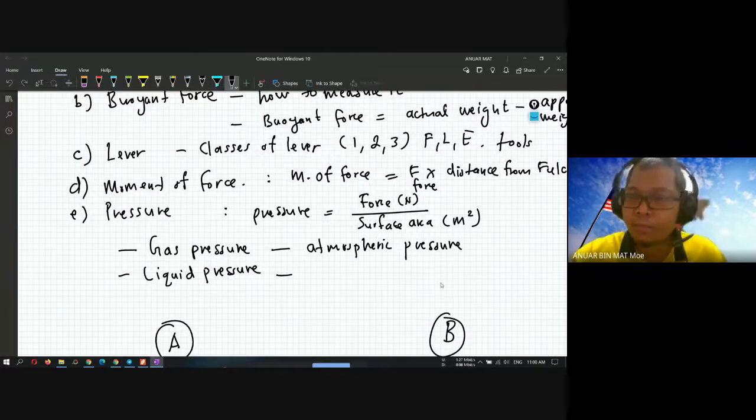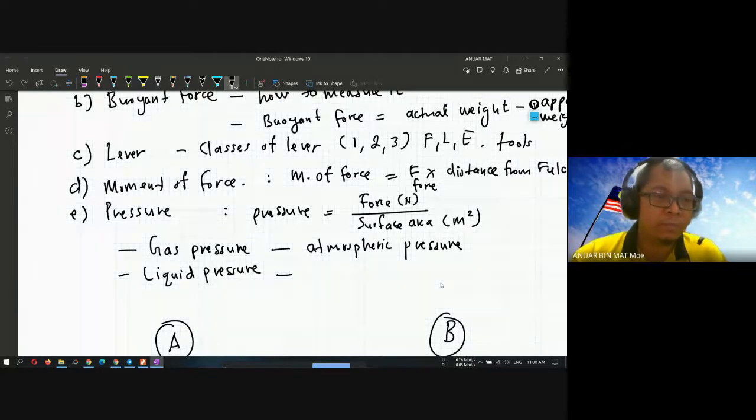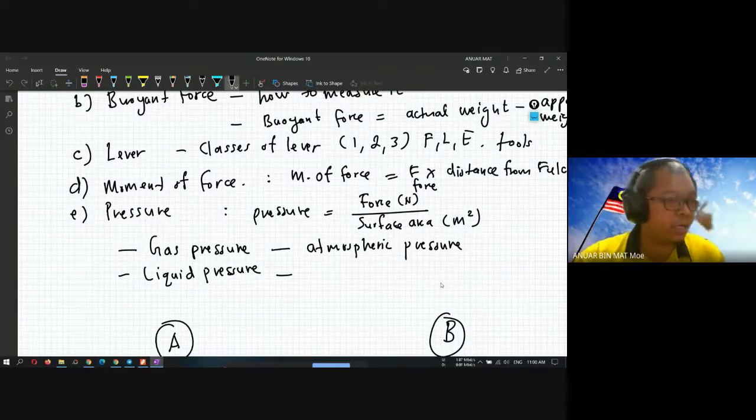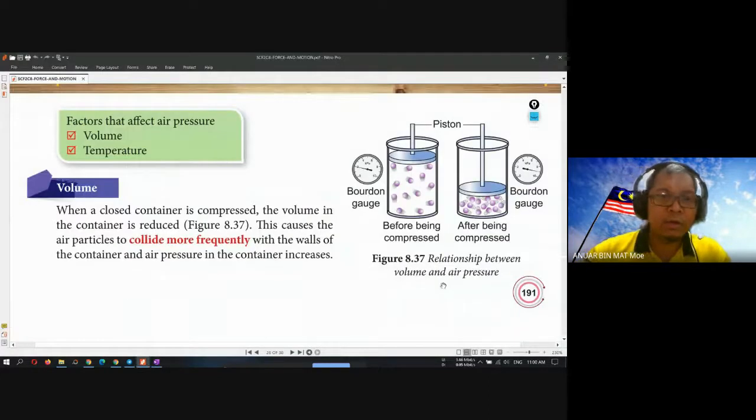So last time we were discussing pressure. We have what we call gas pressure and then liquid pressure. Our last topic for chapter 8 is pressure, so we just continue on gas pressure.